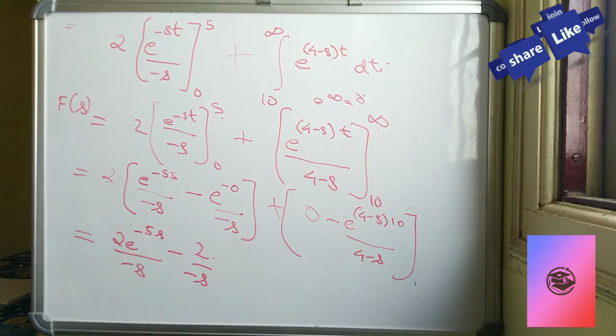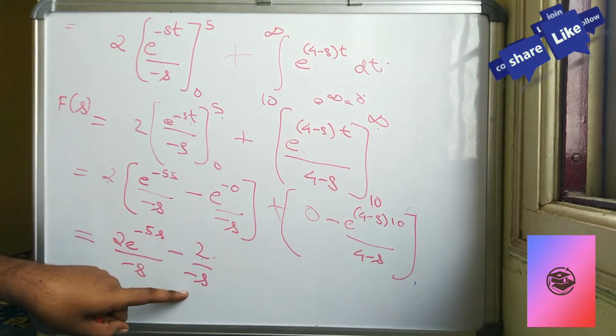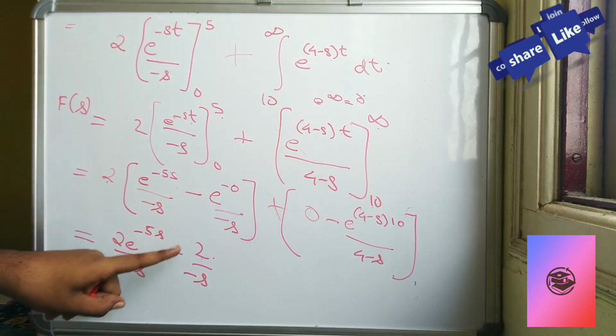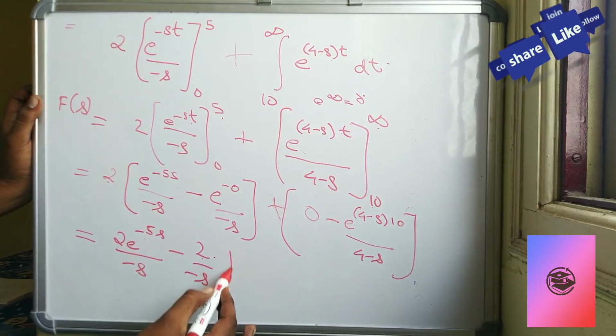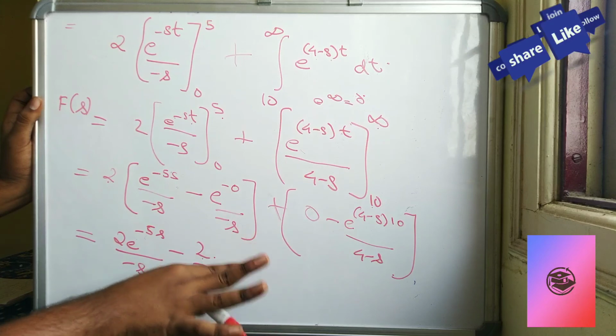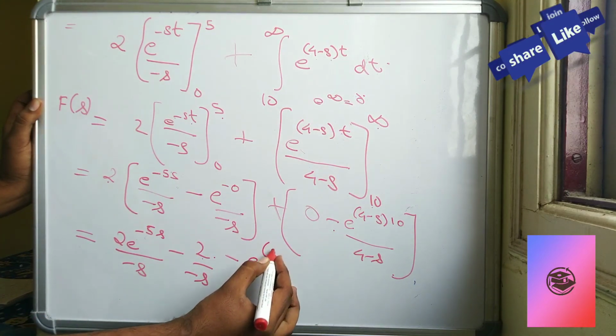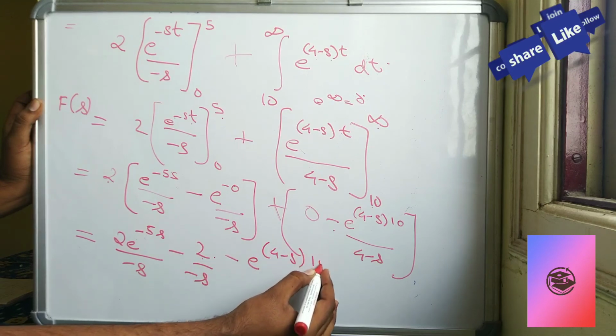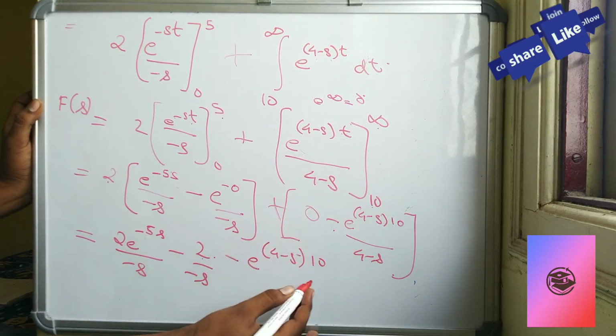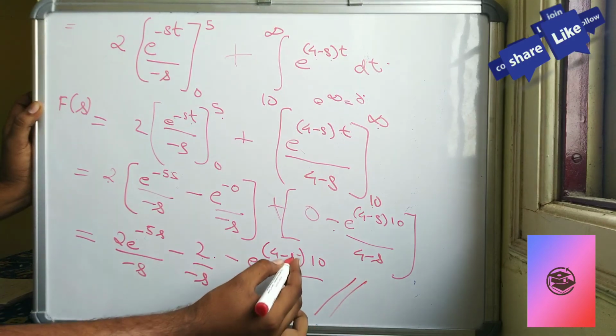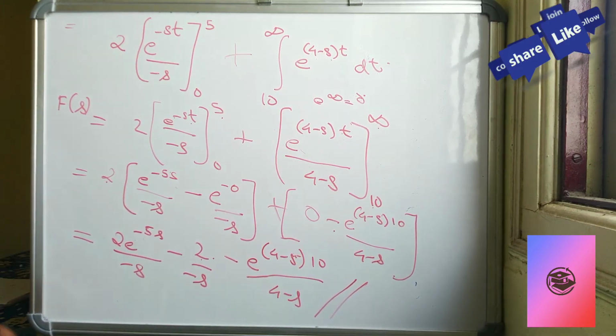So 2 by minus s, plus 0 is there, so no need to write that, minus this part, e power 4 minus s into 10 by 4 minus s. This is the final answer.